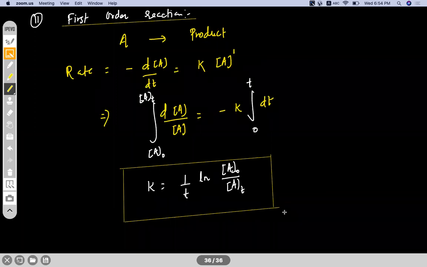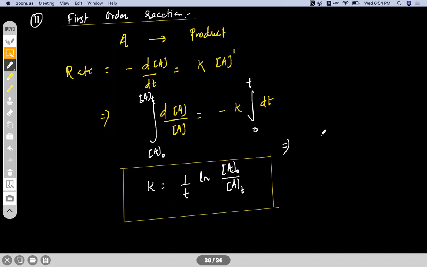Which we can also write as A naught by AT is equals to e to the power kt.